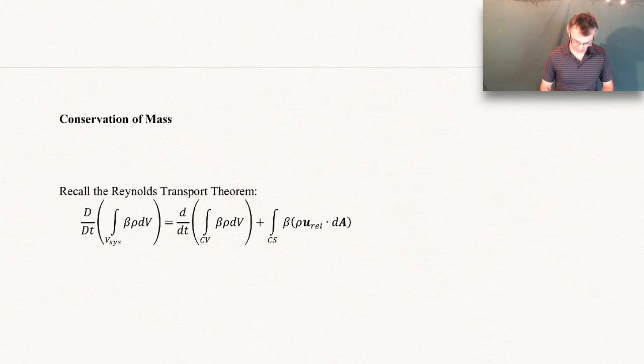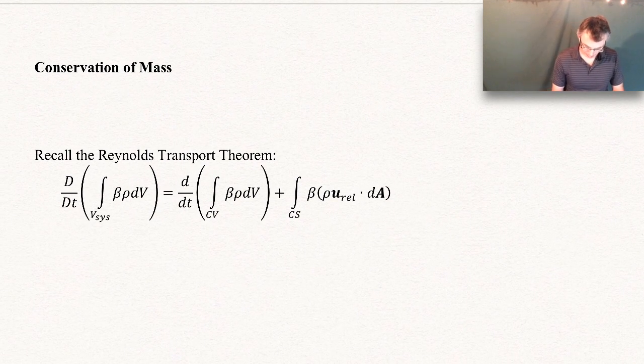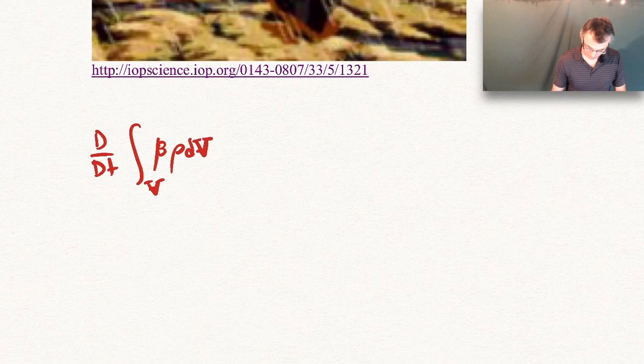So we take a look at the screen, and you can ignore that first line here. Recall the Reynolds... You know what? I'm going to rewrite it up here. Never mind. So let me write it out, and then I'll explain what the terms are.